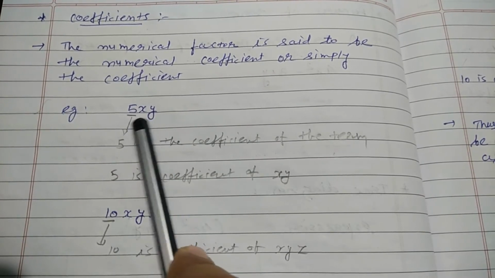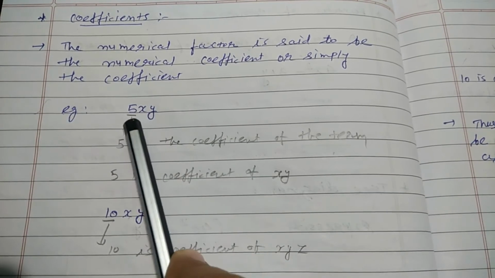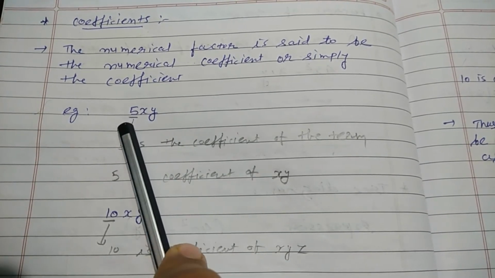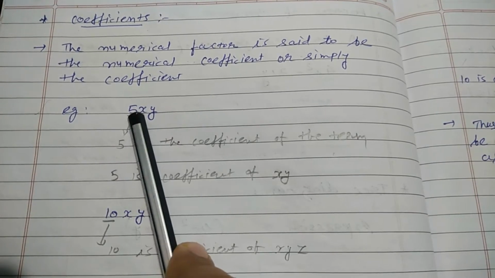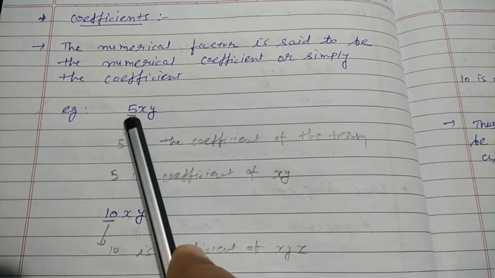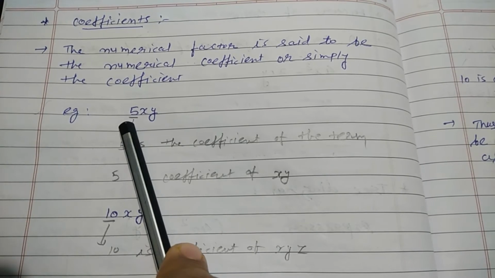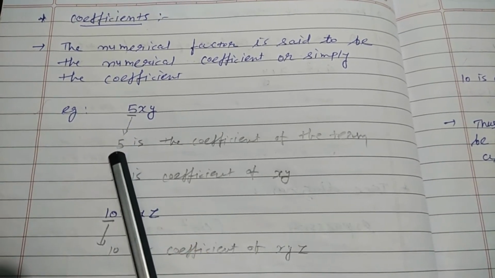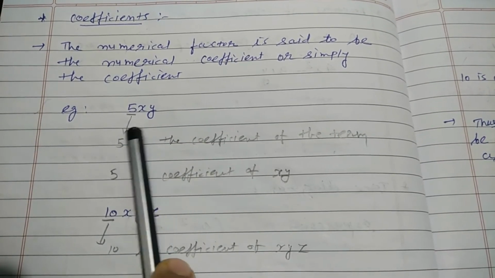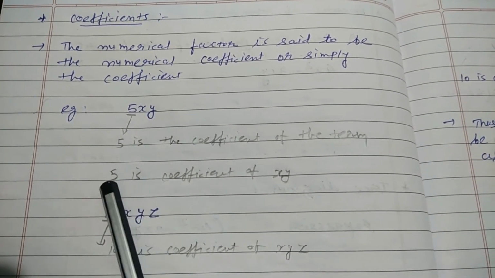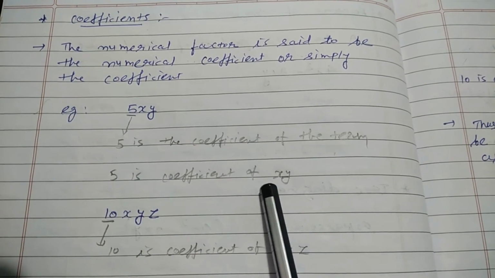Out of this 5xy, we know that 5 is a constant, and x and y are variables. Here we can clearly see that 5 is the numerical factor of the term. So this 5 is called the coefficient of the term, or we can write 5 is the coefficient of xy.